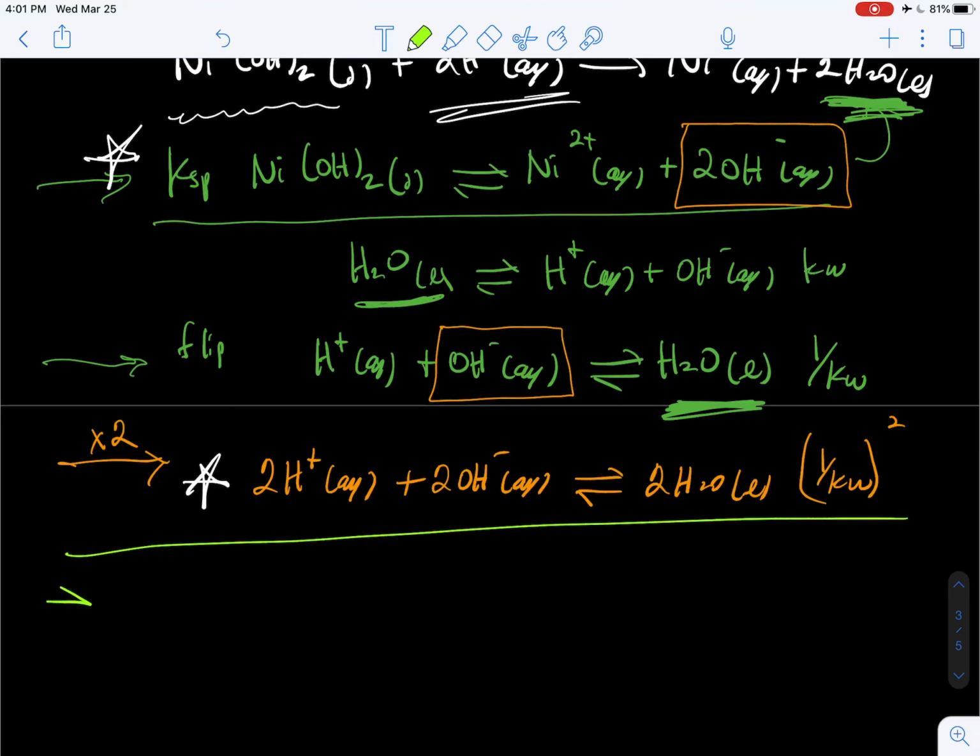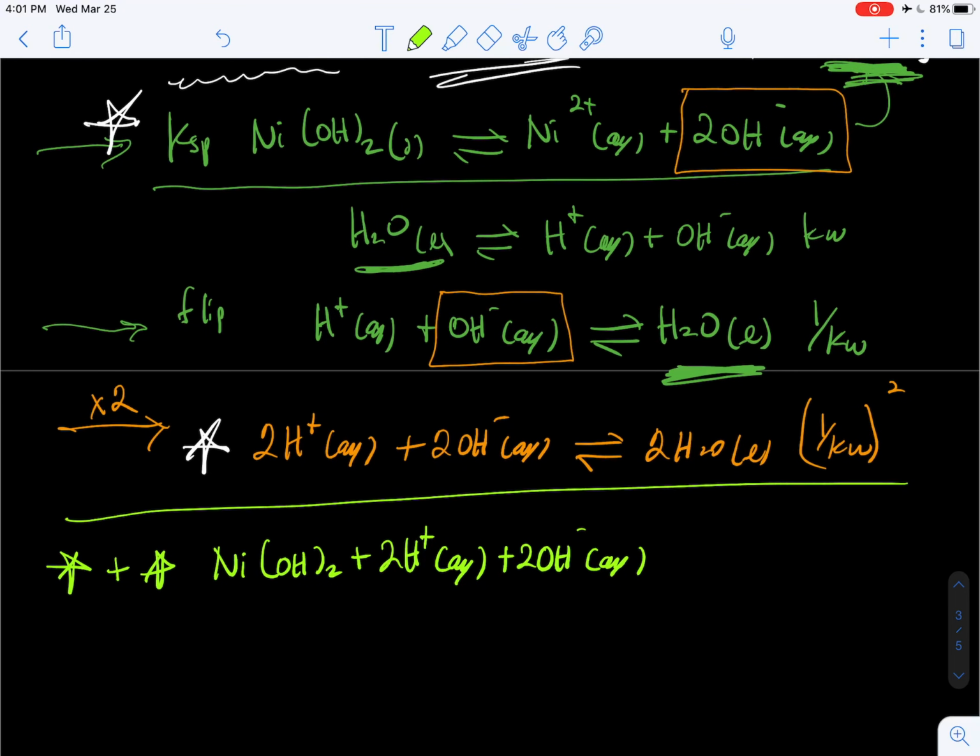Okay, so I'm going to take the star and add the star together, and I'm going to get nickel hydroxide plus 2H plus aqueous plus 2OH minus aqueous, and that's all going to be in equilibrium with nickel ion aqueous, 2 hydroxide ions aqueous, and 2 waters.